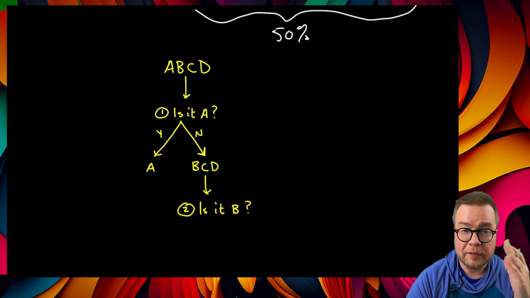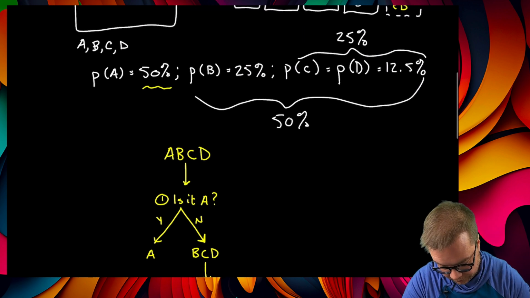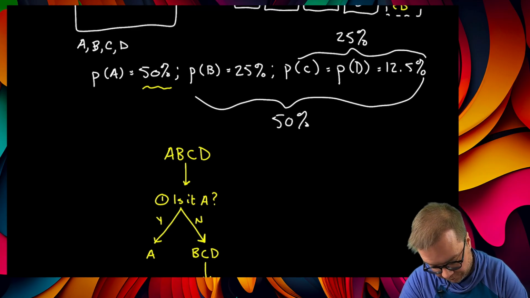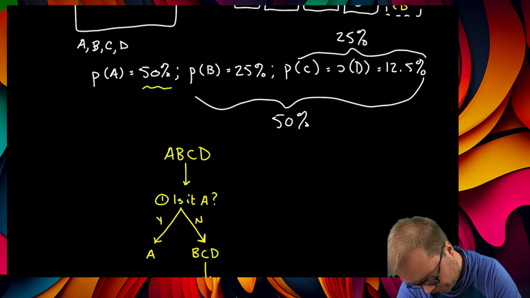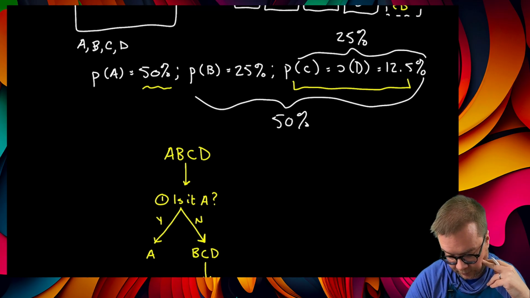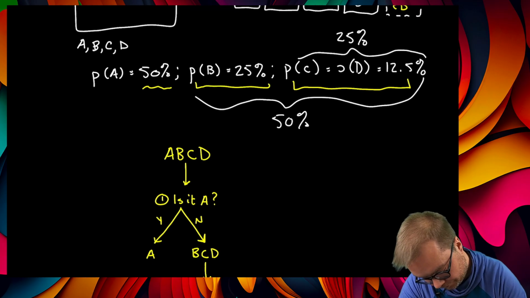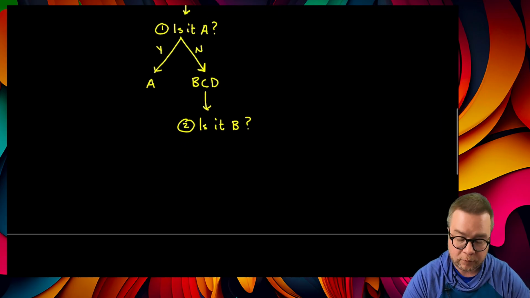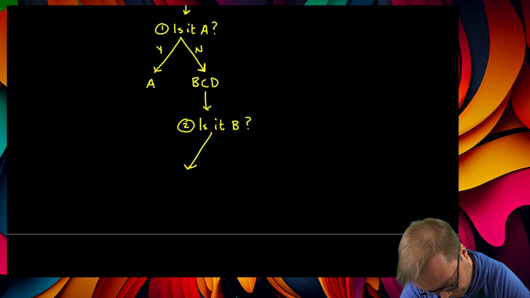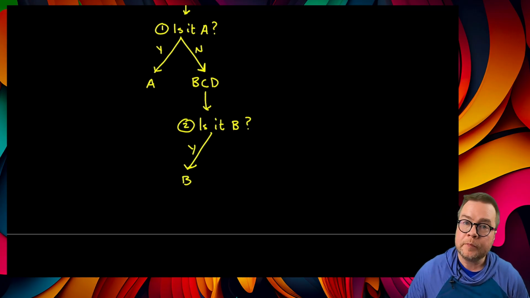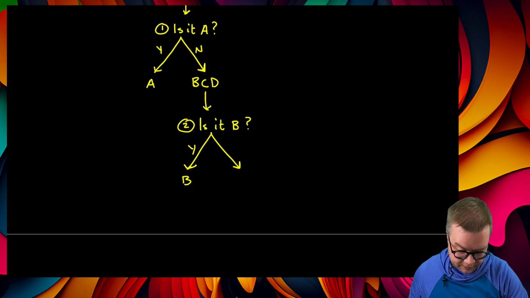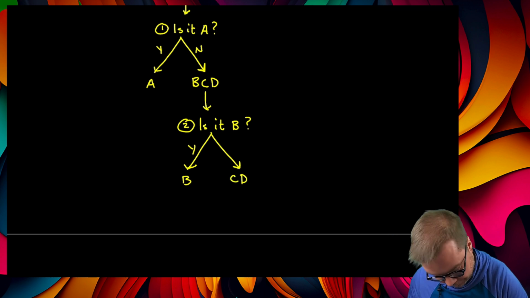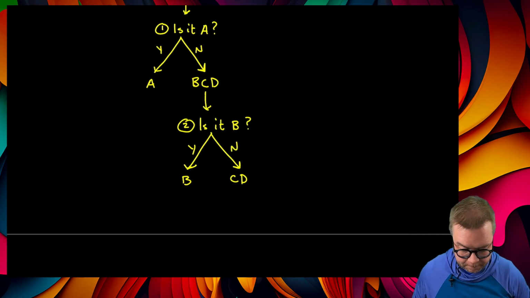And now that we've eliminated A as being a possibility, for the remainder of our letters, B, C, and D, 50% of the time the answer is going to be that it's C or D, and 50% of the time, the answer is going to be B. So it's kind of analogous to what we did in the first step. And so if the answer here is yes, then we know that our letter is B. And if the answer to this question is no, then we know that the only options that are left is that our letter must be C or D.